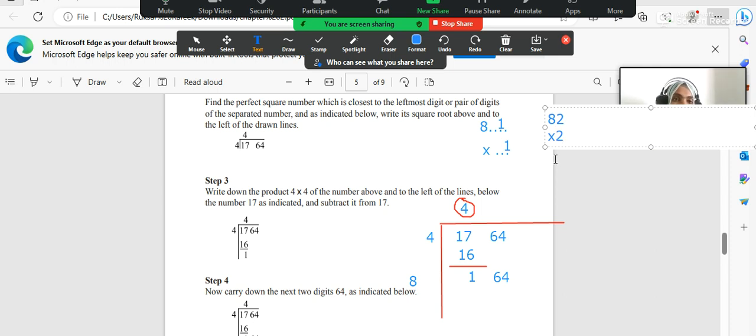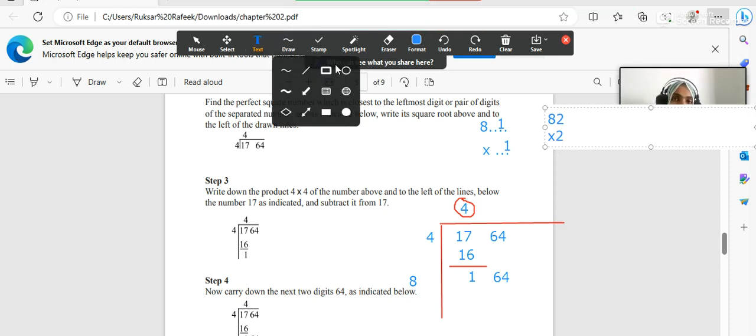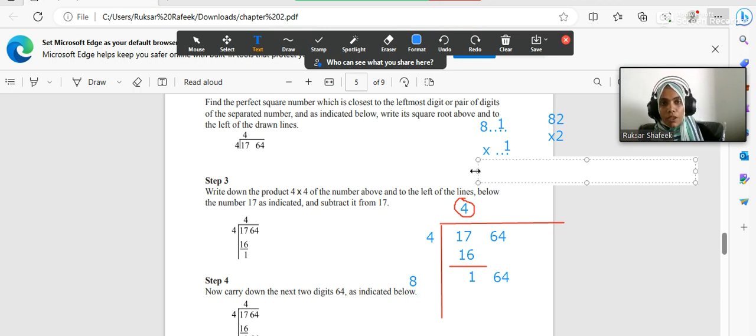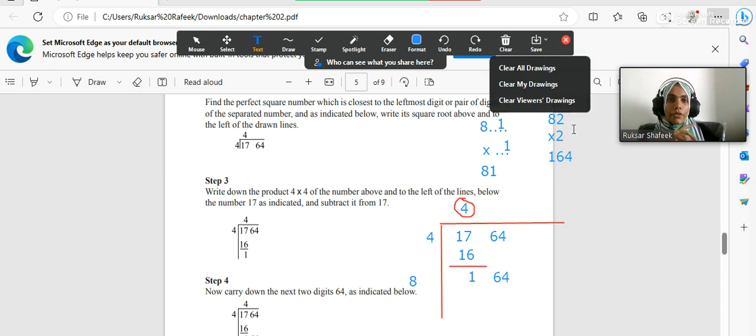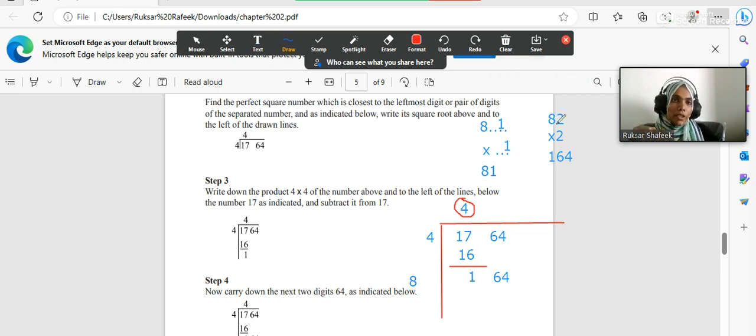It's 82 times 2. Now 81 multiplied by 1 is going to give me 81 itself. So that's nothing closer to 164. But if you look at 82 times 2, 2 times 2 is 4 and 2 times 8 is 16. So we see that we get the value 164 exactly there. So that is why we figure out that the 2 is the right option there, because 82 times 2 gives exactly 164, and that's what we want.